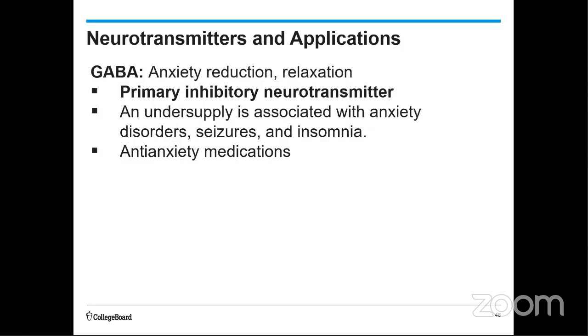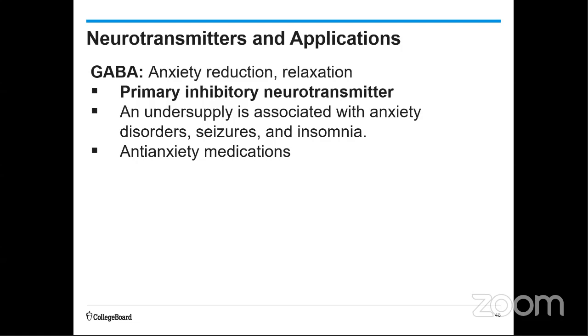Now, we talked about the major excitatory neurotransmitter. GABA would be the primary inhibitory neurotransmitter. Low levels of this are definitely associated with things like anxiety, seizures, and insomnia, and anti-anxiety medications. For example, a category of anti-anxiety medications called benzodiazepines are GABA agonists.